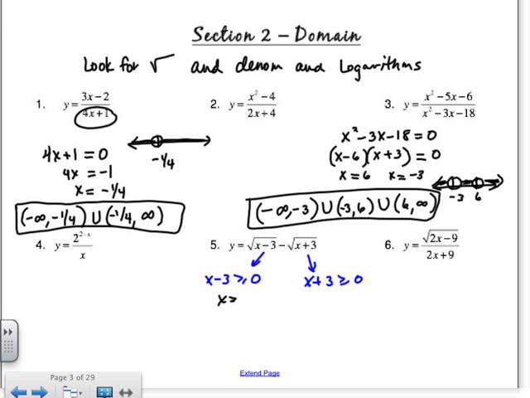So you get x has to be greater than or equal to 3, and x has to be greater than or equal to negative 3. Both things need to be true. So when you plug in negative 3 and 3, think about where both shadings are true. Try a number in between, like 0.